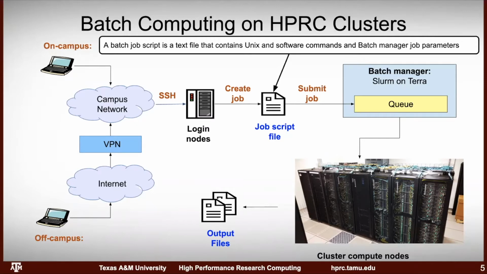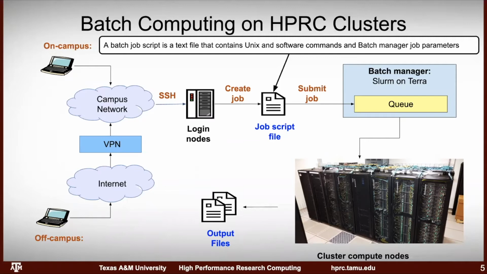The job is just a text file that has instructions to the computer that says, okay, I want to launch, let's say MATLAB, for example. I want to launch MATLAB, and I want you to allow me to use 10 gigabytes of memory, 5 cores for 1 hour. And then you take that job file, you submit it to the job scheduler, AKA the batch manager.